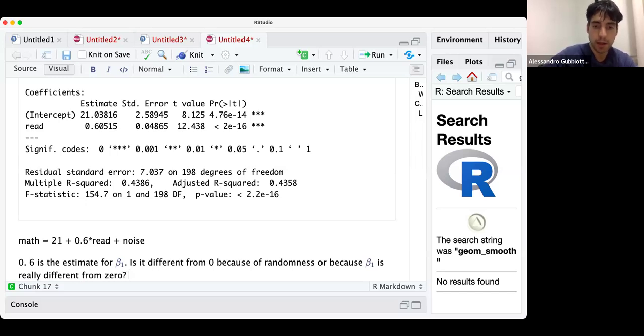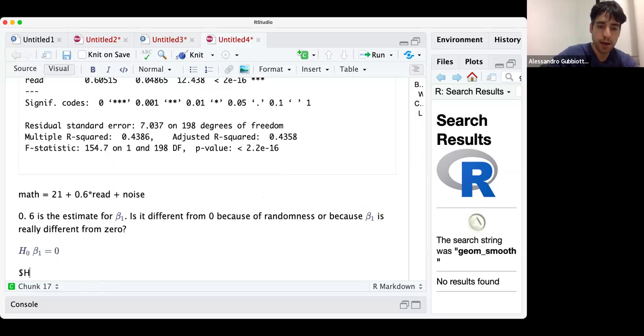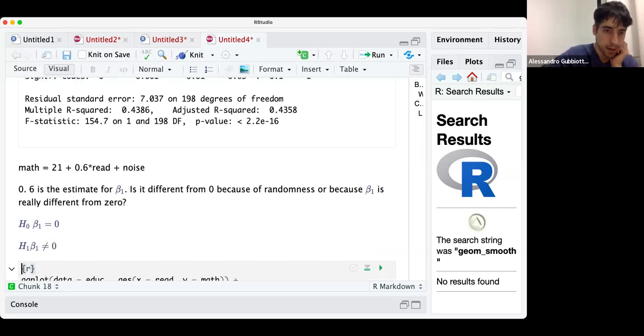So this test tests this hypothesis. H0 is that beta 1 is equal to 0, and H1 is that beta 1 is not equal to 0. So this is the test.